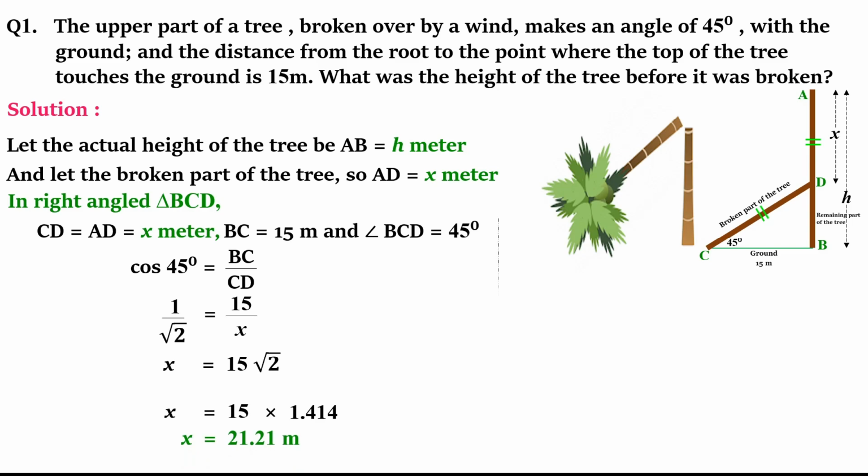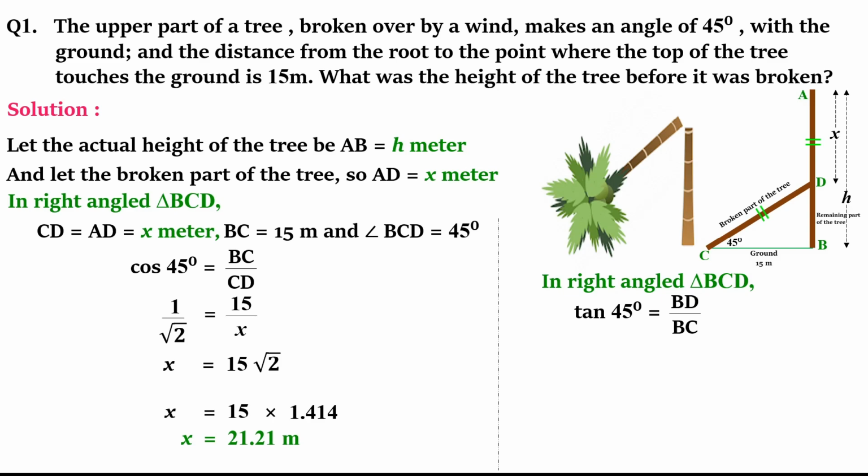Now let's see the next part. X I am having with me, X is AD. Now I have to work for BD because BD plus AD will give me H. So let's take once again right angle triangle BCD. This time I will apply tan 45 because we are having with us base and perpendicular.